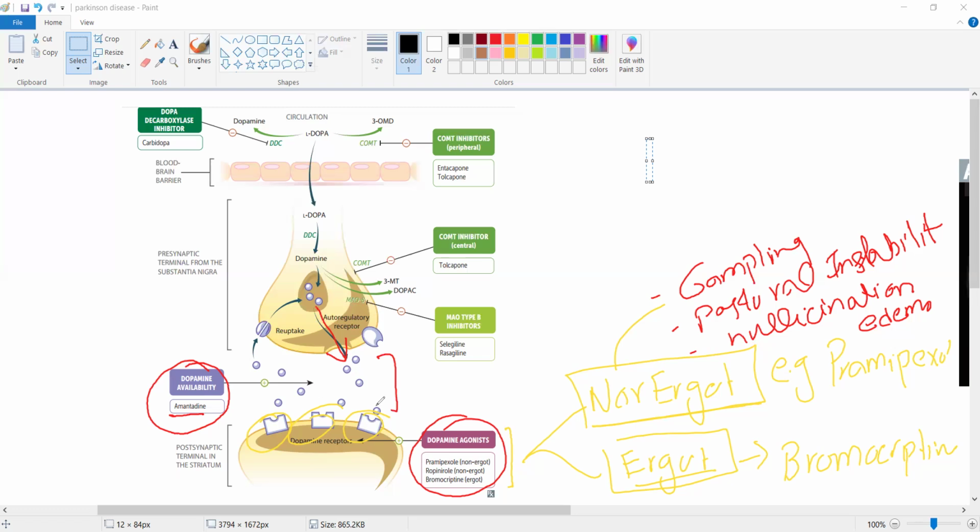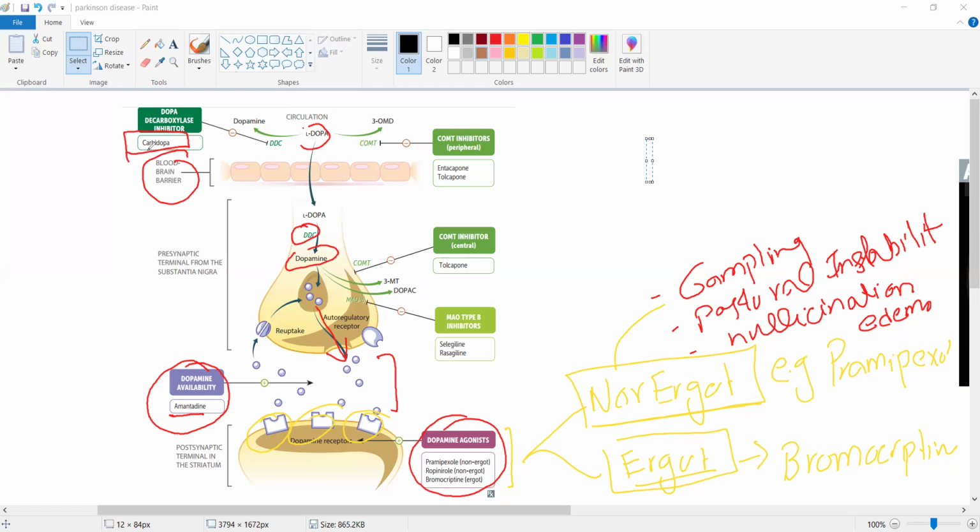Okay. So now I'm going to discuss some of the most high yield drugs, L-dopa and carbidopa, right? L-dopa crosses the blood-brain barrier and is converted into dopamine by the enzyme dopa decarboxylase. So we give a drug called carbidopa with L-dopa. Why do we give carbidopa?